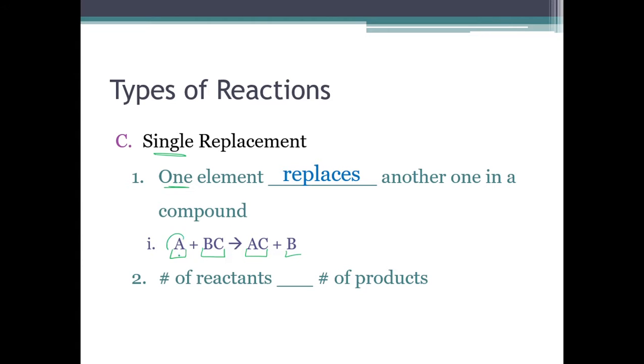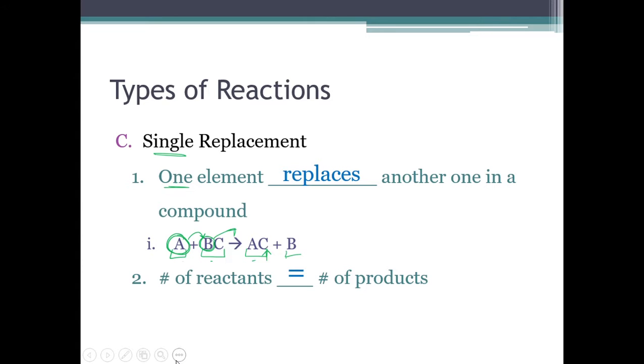So what's happened is A has come in here and it's kicked B out. B has had to go somewhere else. A has replaced B as the partner of C right here. We have 1, 2 products to end with. So that's going to be true of your single replacements, that your number of reactants will be equal to your number of products.